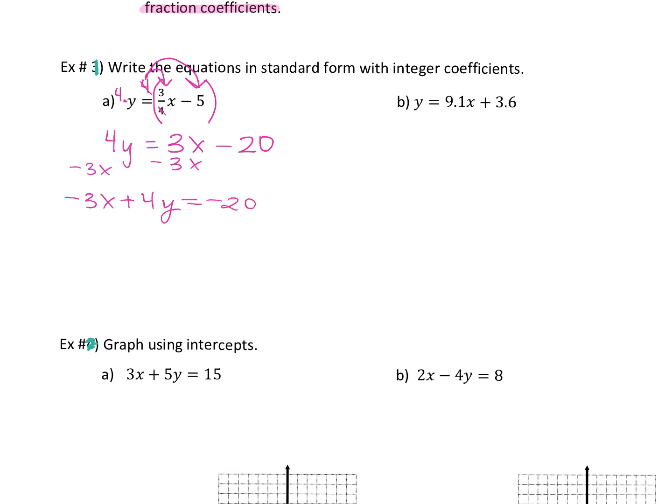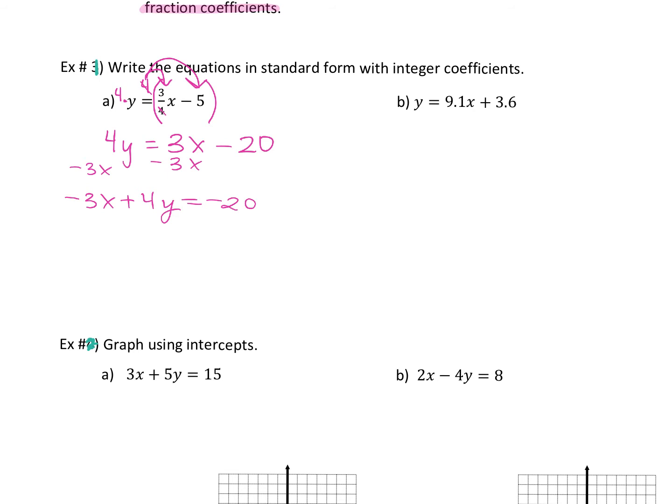Technically, that's not wrong, but mathematically speaking, we like as few negatives as we can have. So it's actually better if I move the 4y over to the other side and move the 20 to the other side so that we only have 1 negative instead of 2. I will take either one of those as an answer.